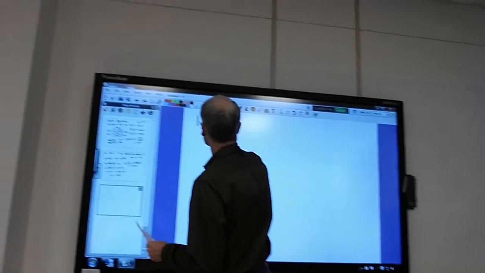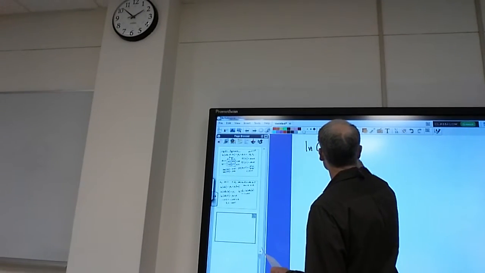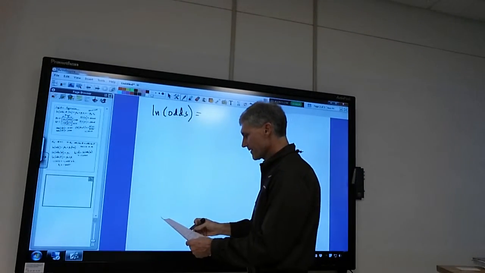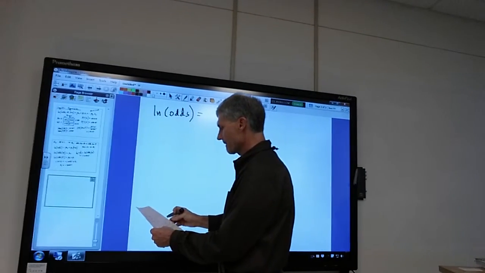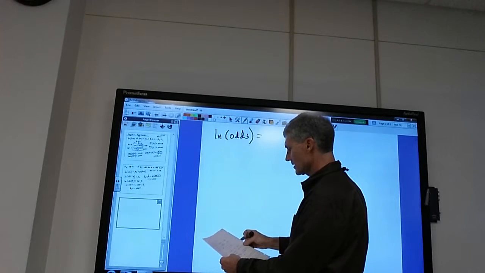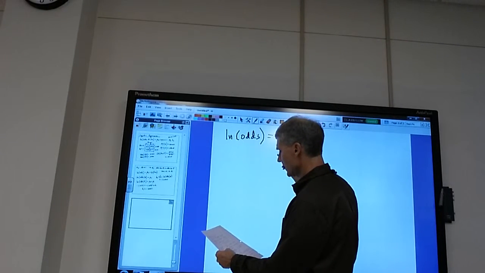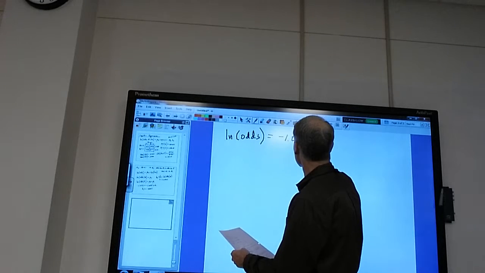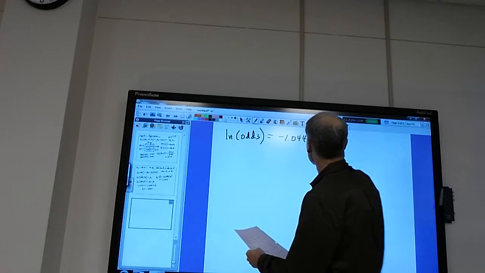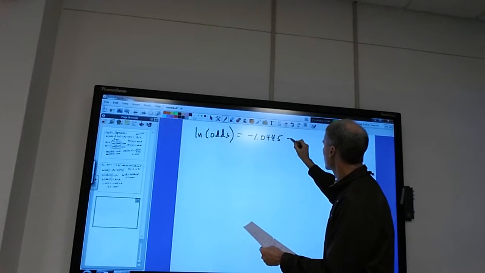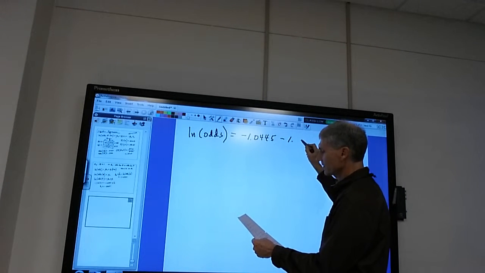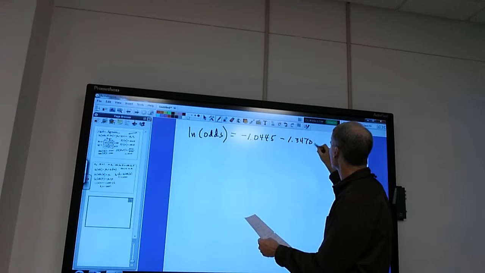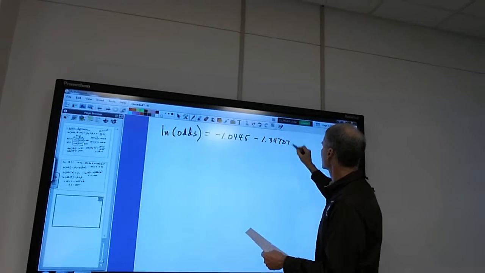So the log odds is equal to beta 0, which was negative 1.0445, and then minus 1.34707 times gender.